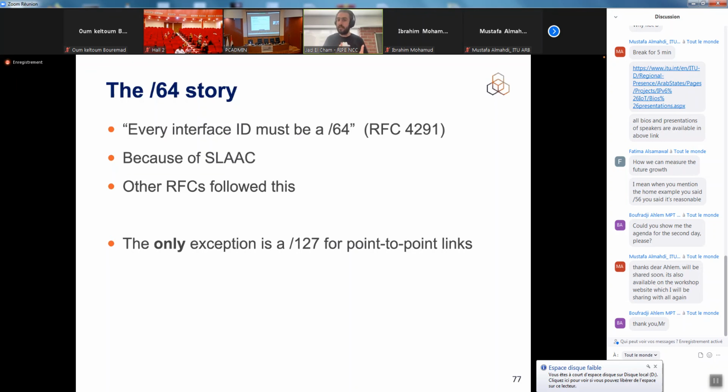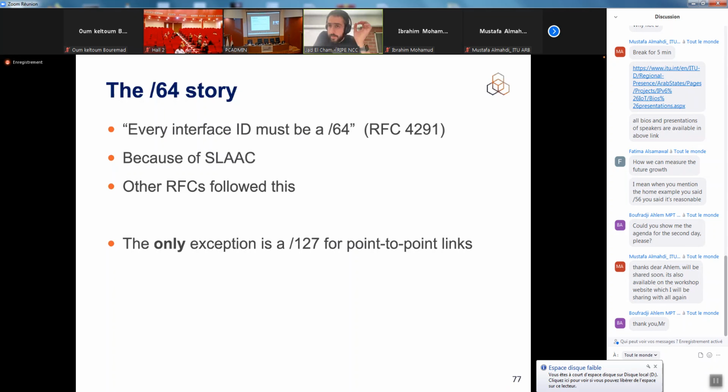These are the technical standards that are generated by the IETF and adopted by the industry. Then the different RFCs say, okay, from now on, one subnet equals /64. All right? There is one exception to this rule, and that is the point-to-point links, where we can talk about a /127 per link. All right?